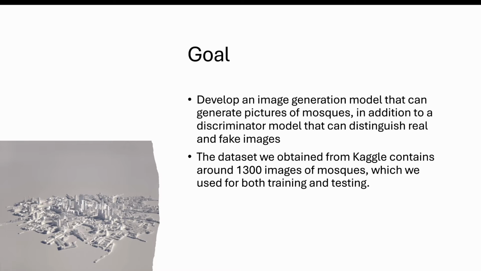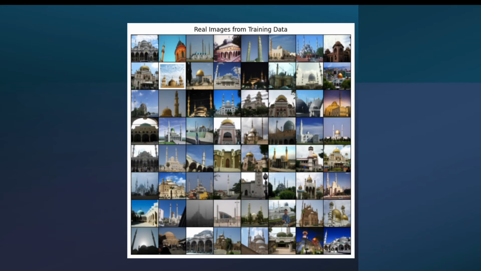Looking into the training data set, as you can see, they are simply 128 by 128 small images of various mosques. They all have the same label, and they have a lot of variety.